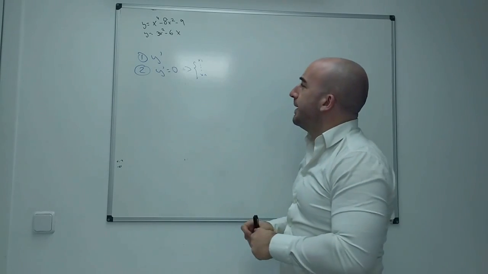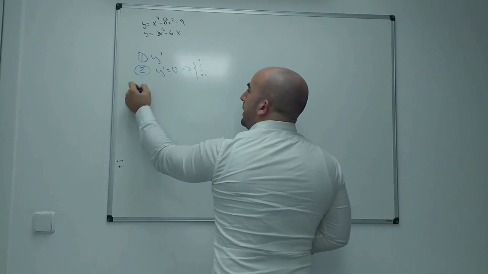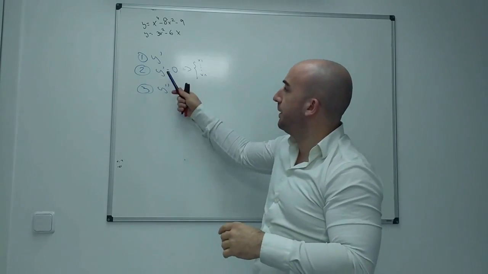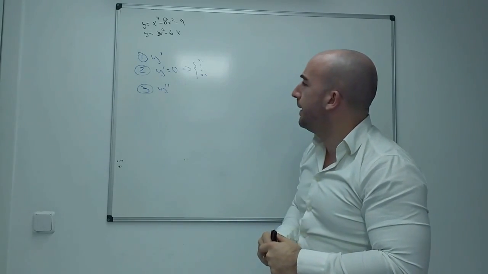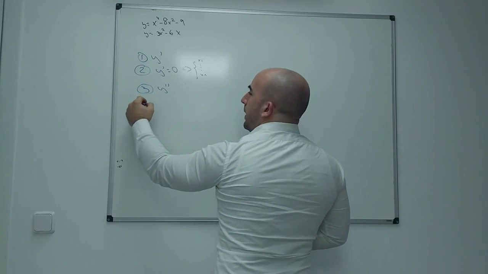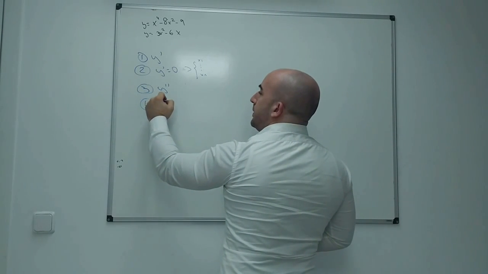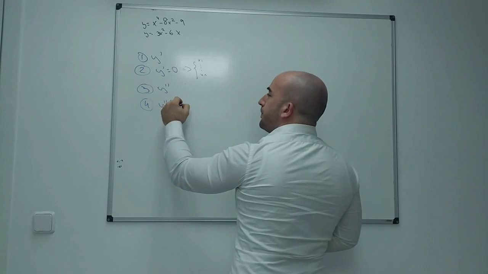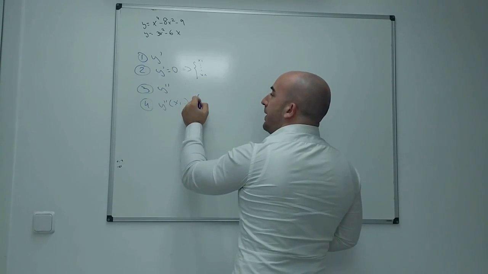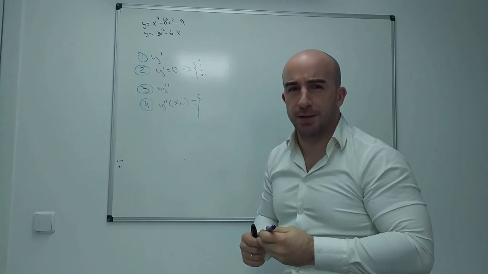The third step would be to calculate the second derivative, so differentiate the first derivative, and then the fourth step would be to substitute those values in the derivative and see if they're greater or less than 0.